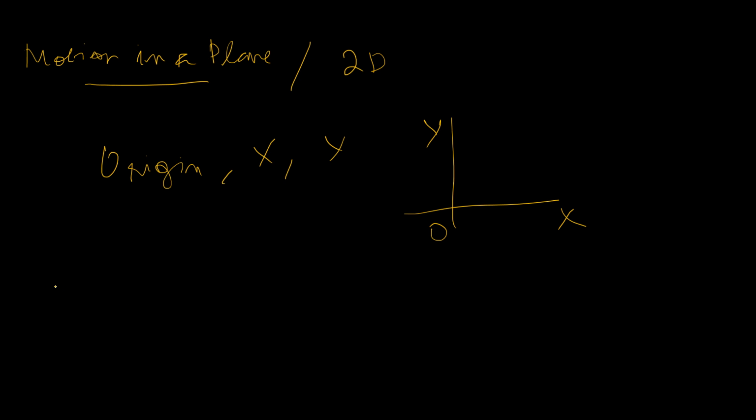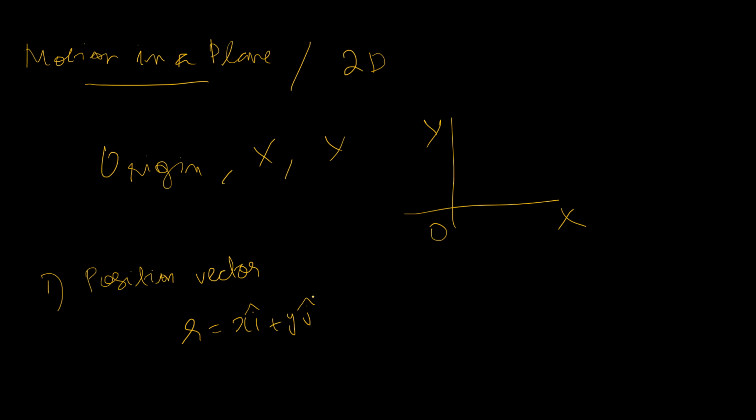The first one we are going to learn is the position vector. It is a vector that extends from a reference point to the point at which a particle is located. A position vector is given by r equal to x i cap plus y j cap.